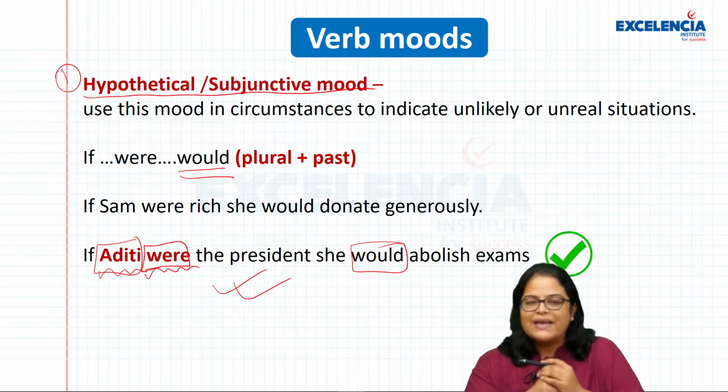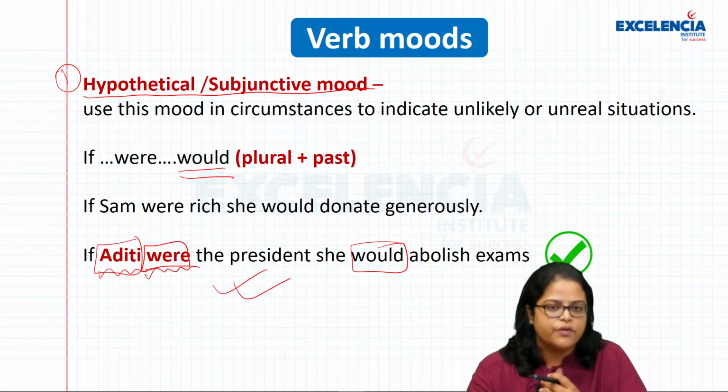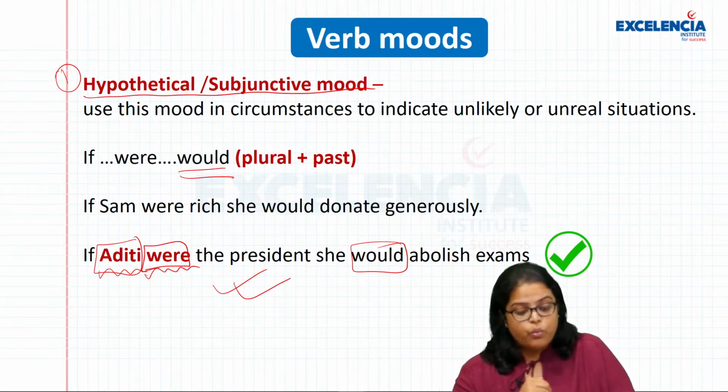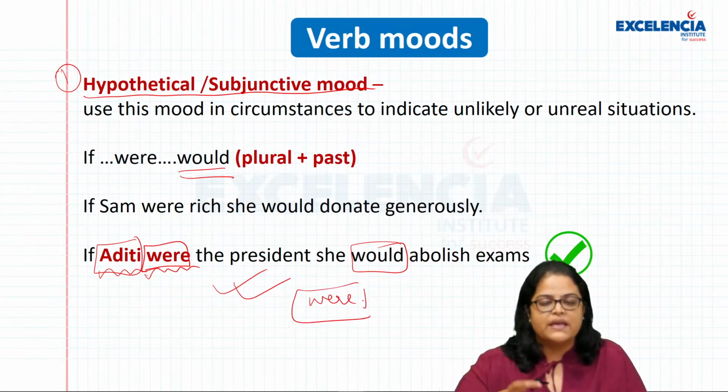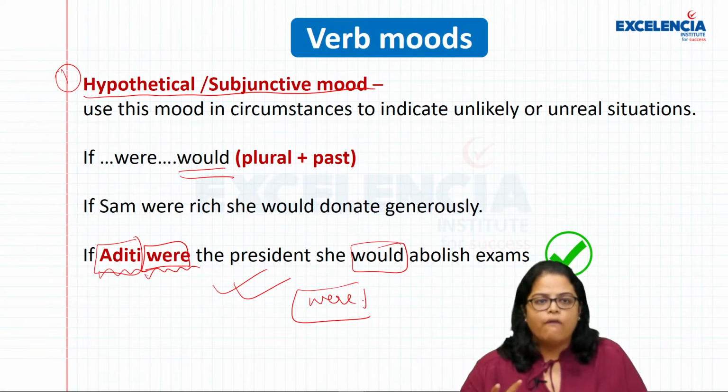So, Shrikant, will I say if adolescence were not so painful, it would have been fun, or if adolescence was not so painful, it would have been fun? It's going to be were, Shrikant, because it's hypothetical, because adolescence is painful. I'm saying if it were not so painful, it would. If COVID were not to hit us, life would have been happier. It's hypothetical, no? COVID has hit us.